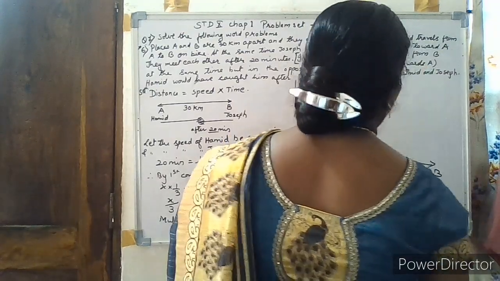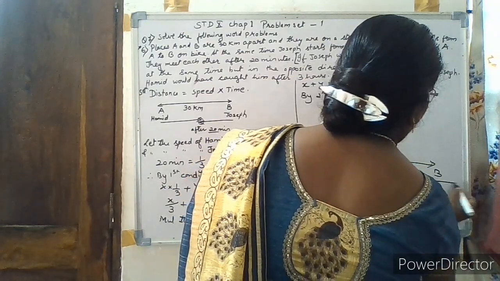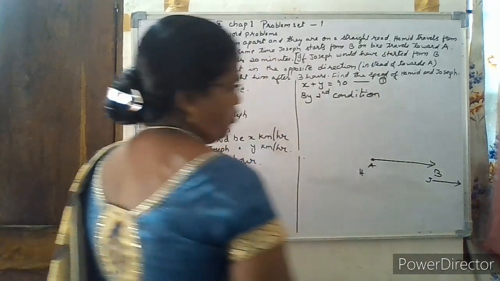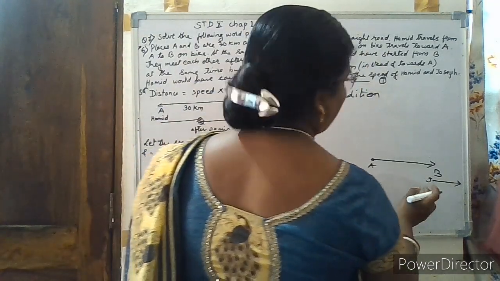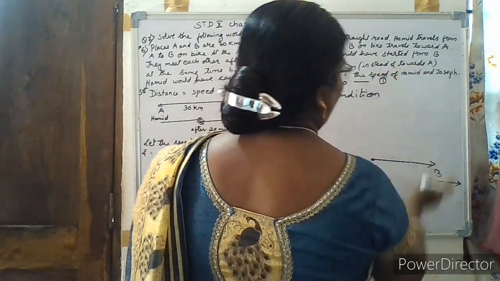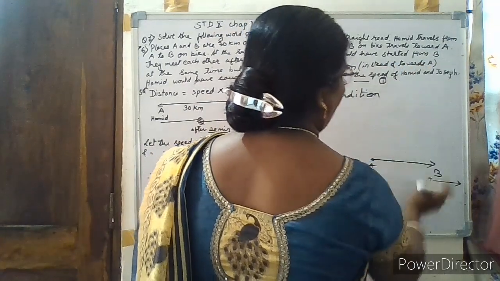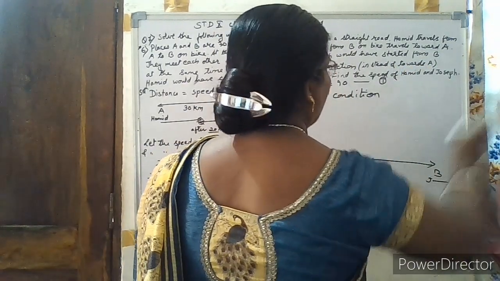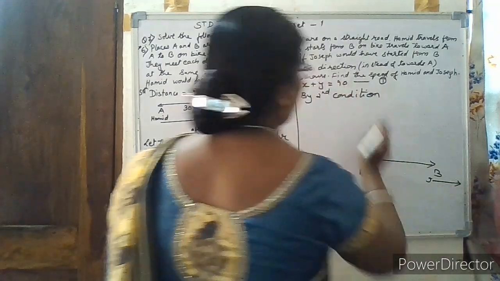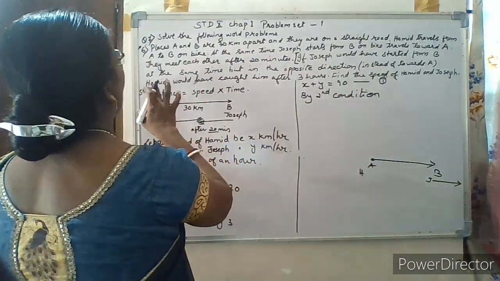Instead of towards A, he is going towards the opposite direction of A, beyond B.